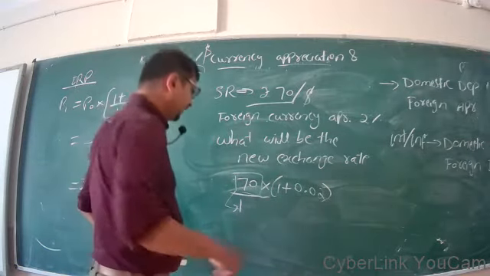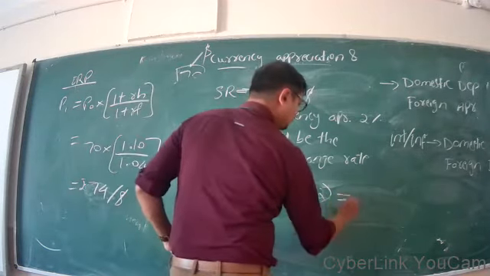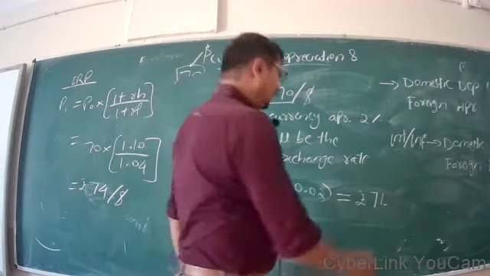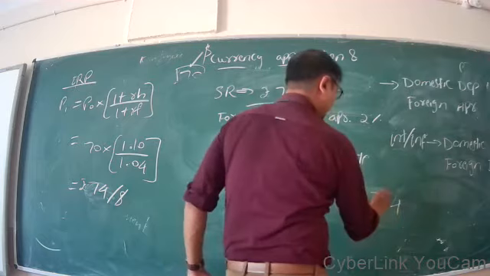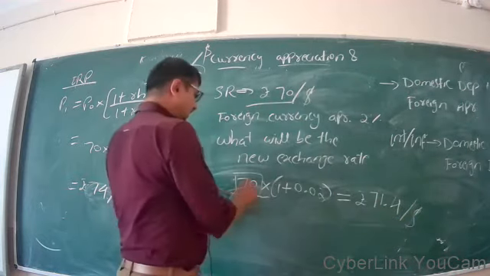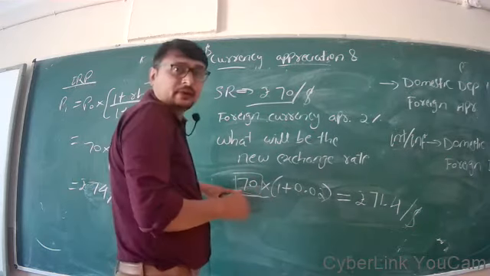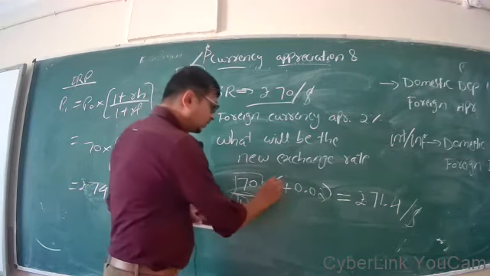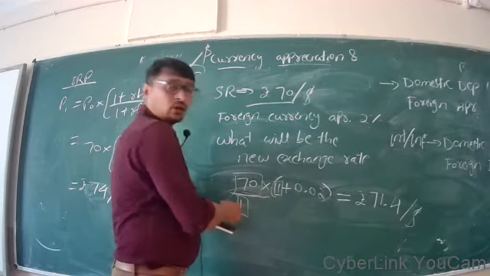Now you have to pay rupees 71.4 to buy 1 US dollar. Earlier you paid only 70 rupees for 1 dollar.